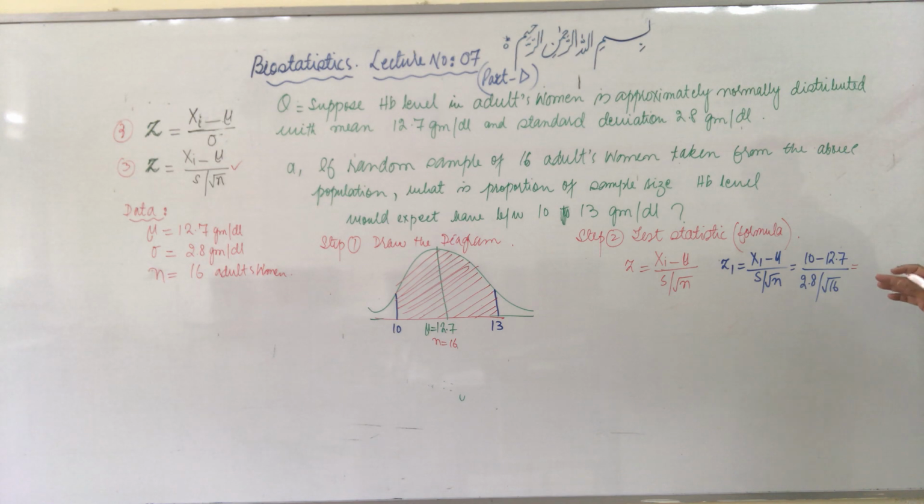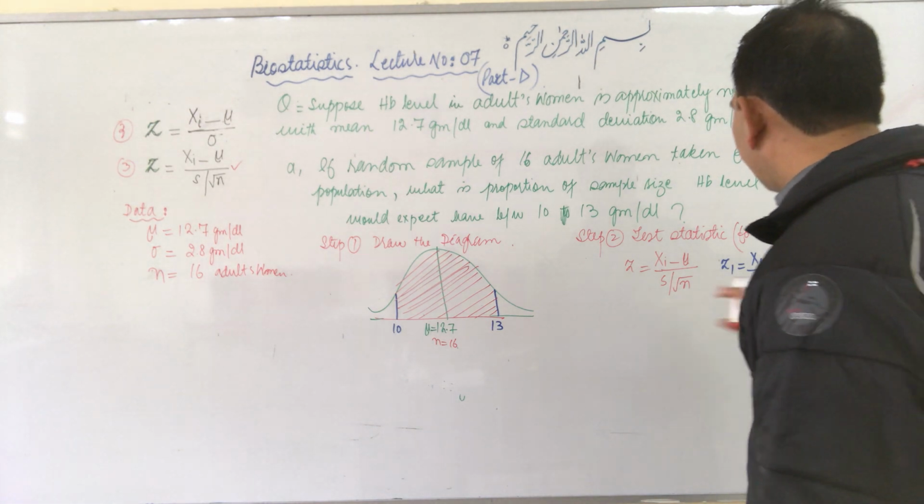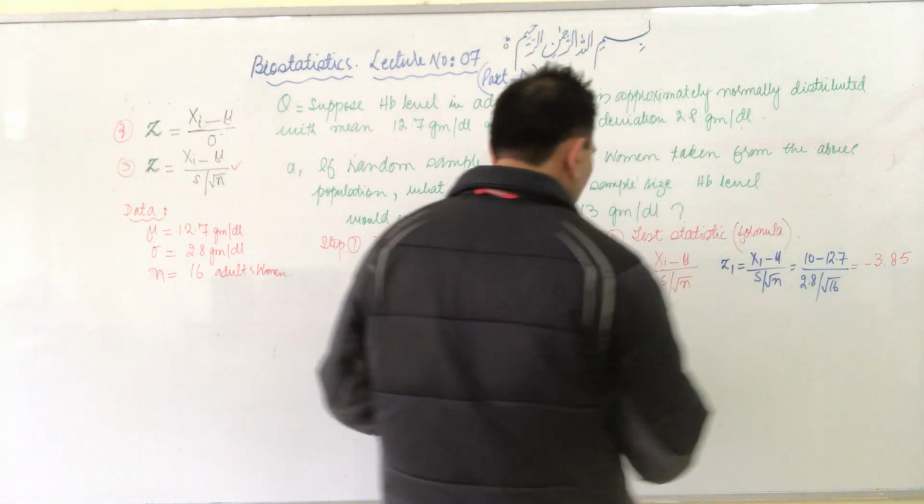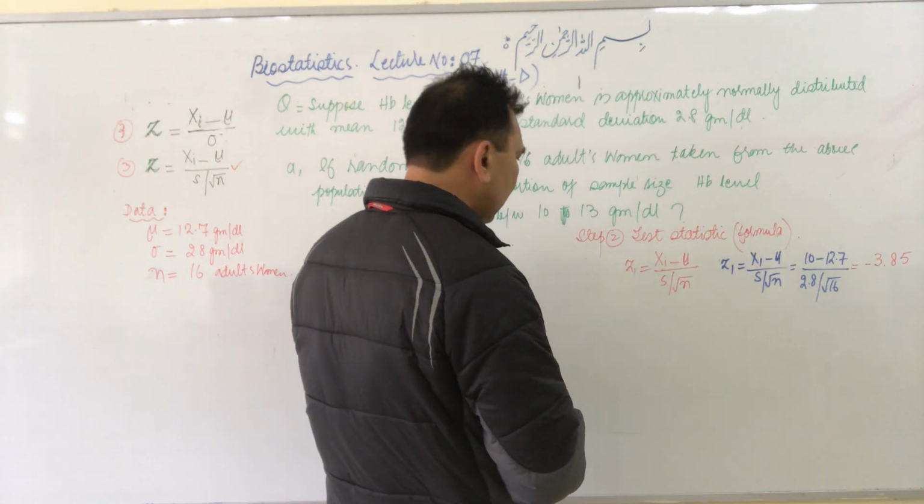It will come up with 0.7. So the whole result will come up as minus 3.85, which is the Z1. Now we will solve the Z2.